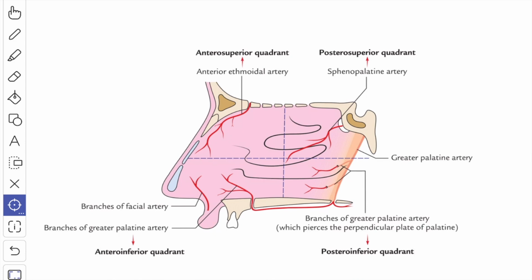Next we'll see the arterial supply of the lateral wall of the nasal cavity. Similar to the nasal septum, the lateral wall is supplied by branches of the ophthalmic, maxillary and facial arteries. The branches are arranged into four quadrants. The anterosuperior quadrant is supplied by the anterior ethmoidal artery from the ophthalmic artery.